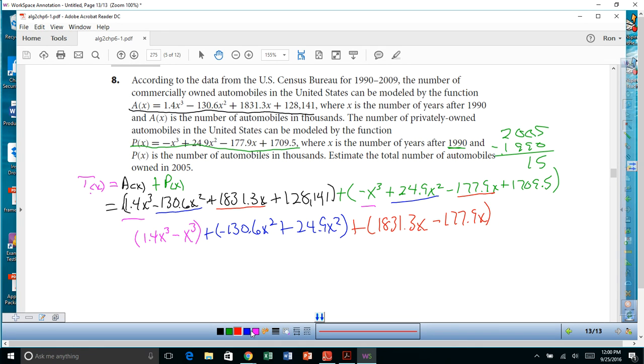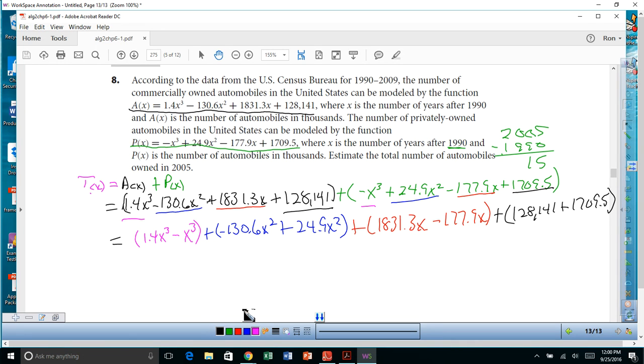And then we have our last terms. We have the constants. Plus, and then you got 128,141 plus 1709.5. All right, let's add all that up.